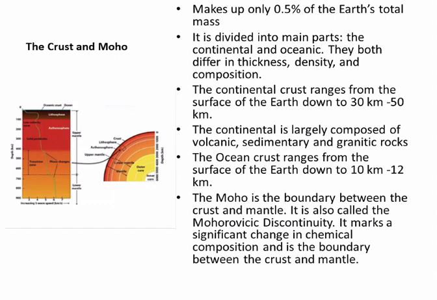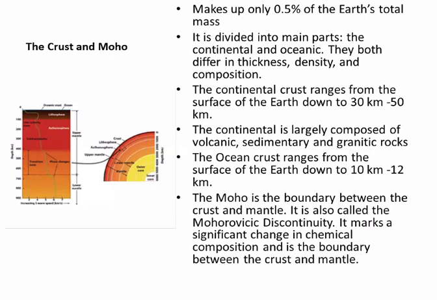One, there is a significant change in chemical composition. The composition of that layer, which is between the crust and the mantle, the change in the chemical composition is evidence that that region is called the Moho.